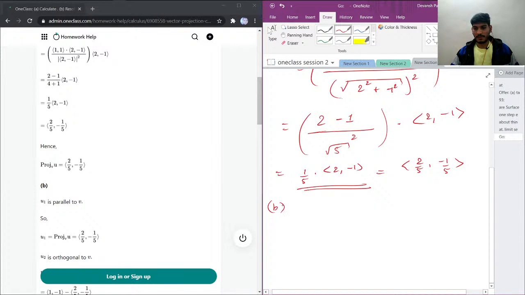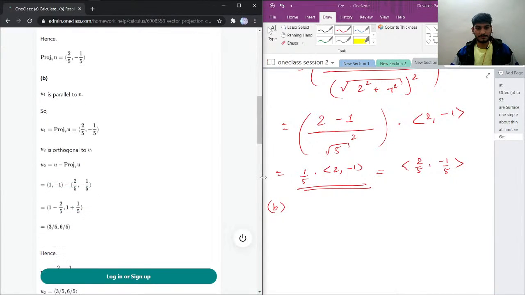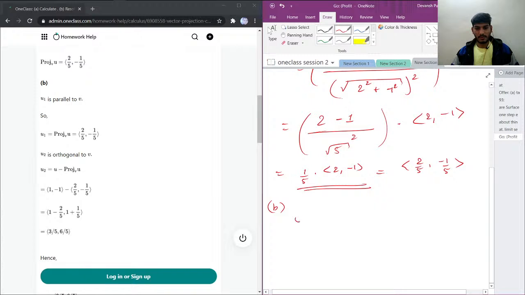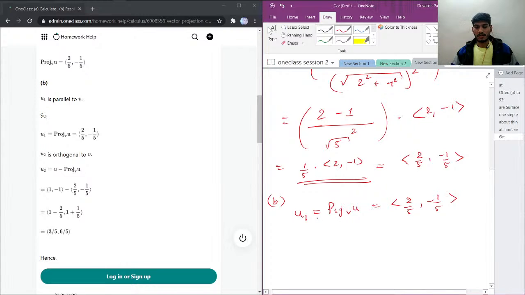Now going towards the b part, it is given that u1 is parallel to v, so u1 is going to be the projection of u along v, which we have already found: 2 over 5 and negative 1 over 5.